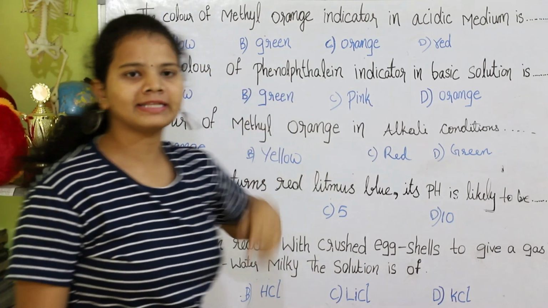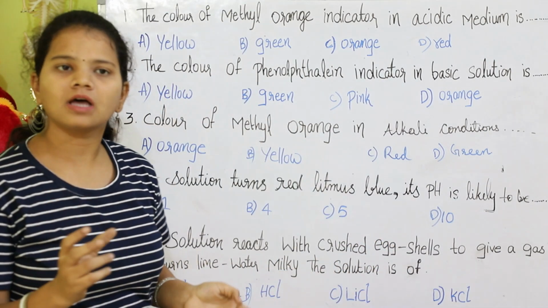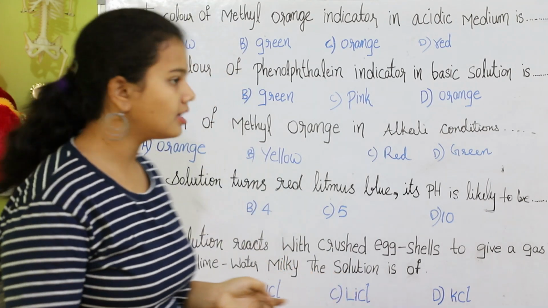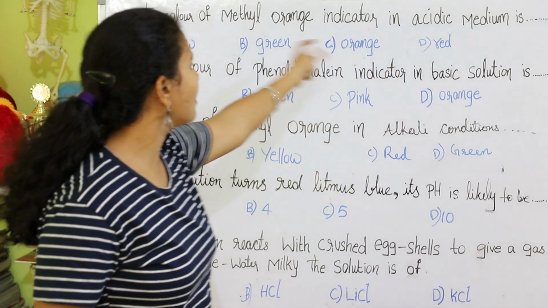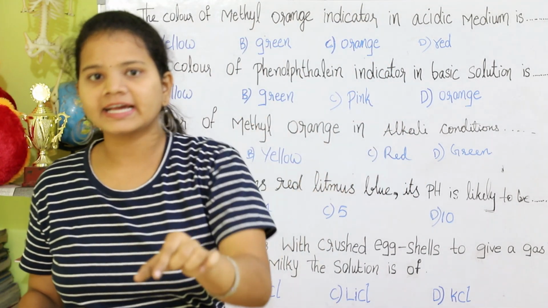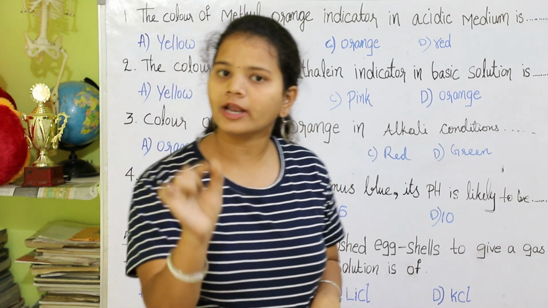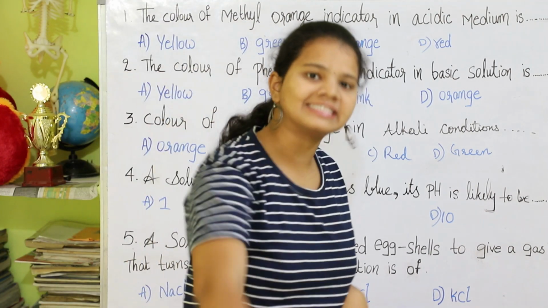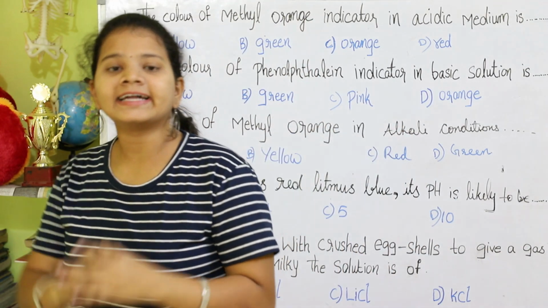The color of methyl orange, actually, methyl orange is orange in color. If methyl orange indicator is mixed with acidic medium, then it turns into red color, guys.